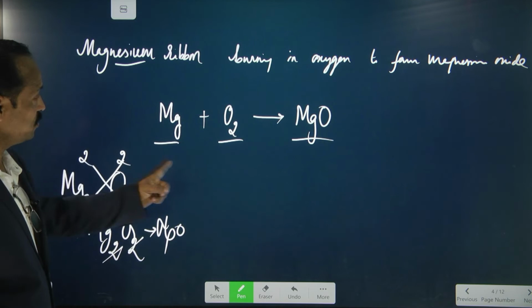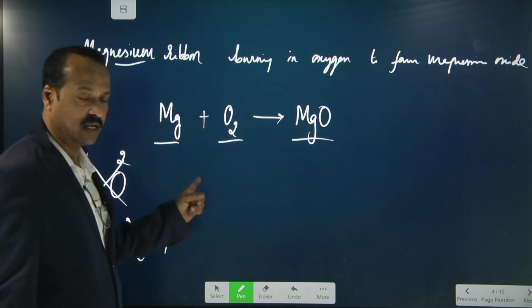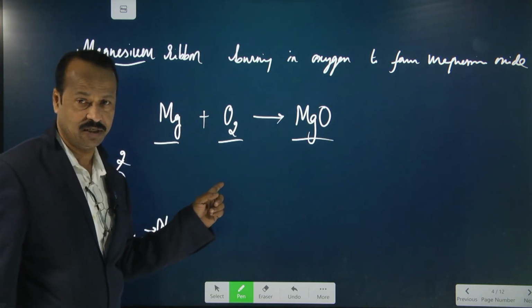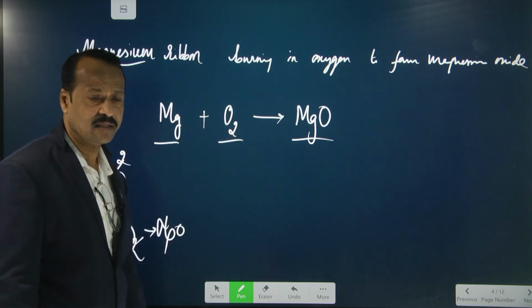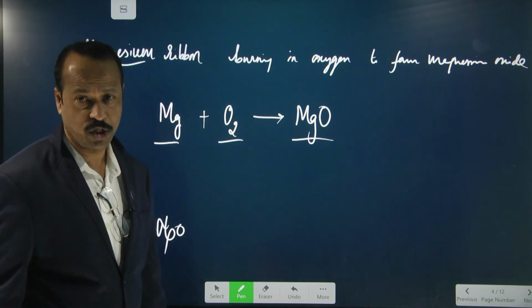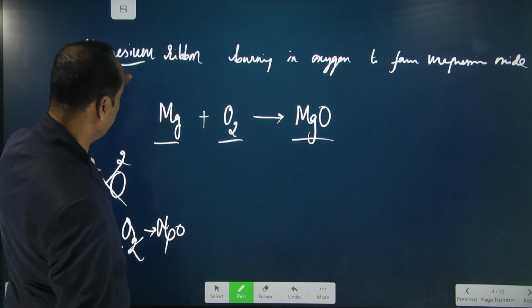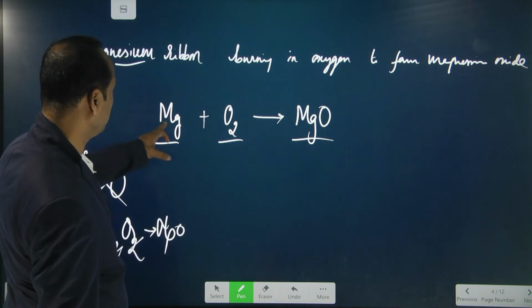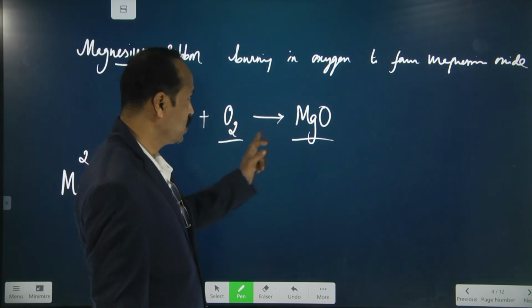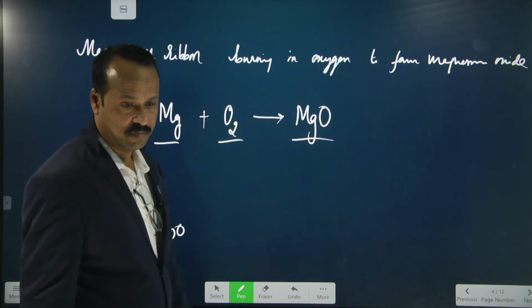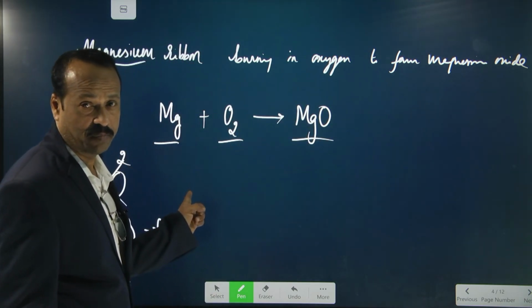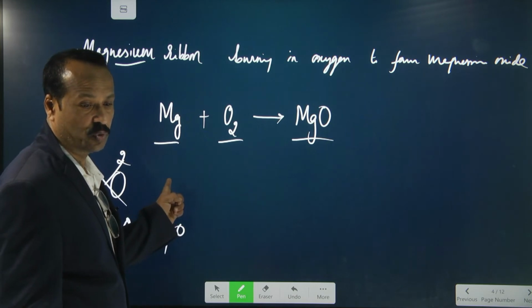But overall, if you write this equation in the examination, then this is wrong, the marks will not be given to you. Individually it is correct, but if you write this in the examination, you won't get the marks.